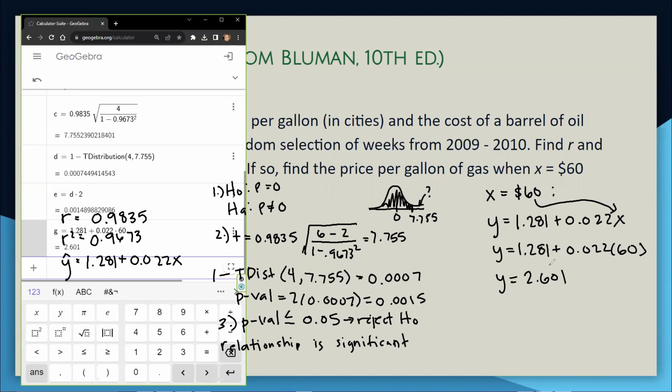And I should interpret that. First, I know that it's going to spit out price per gallon. So at $60 per barrel of oil, we expect gas to cost 2.601 per gallon.